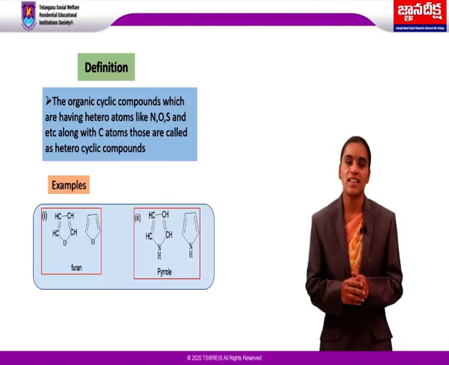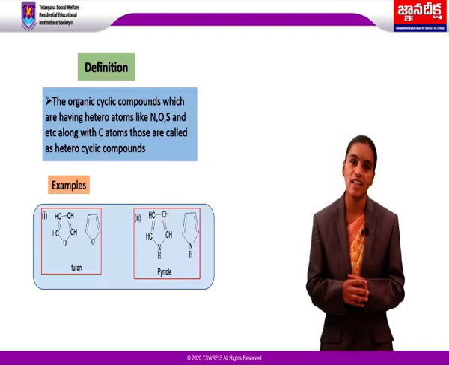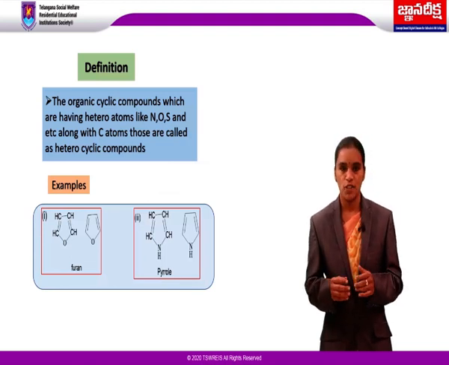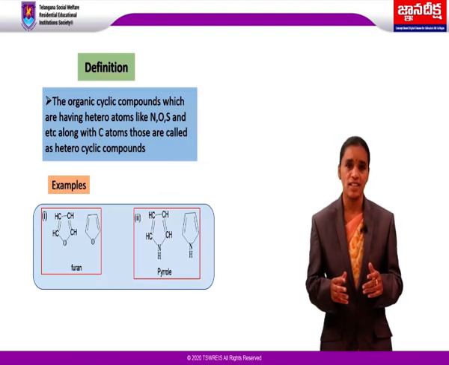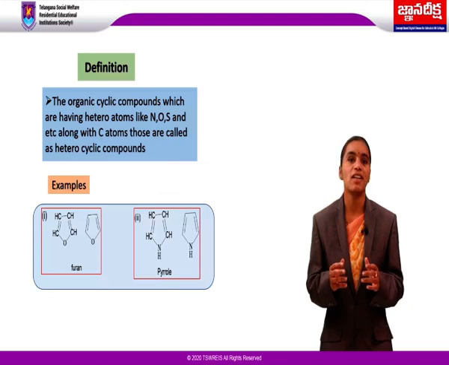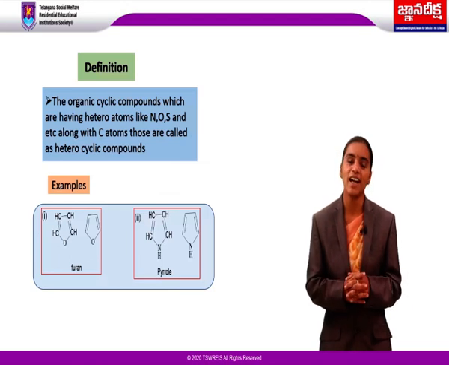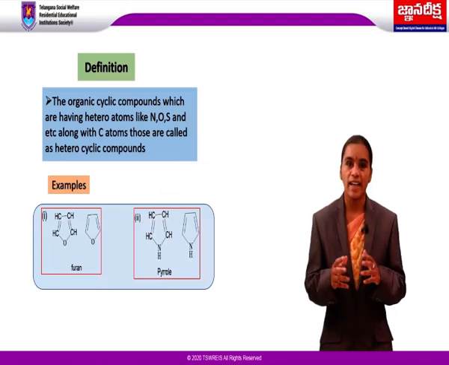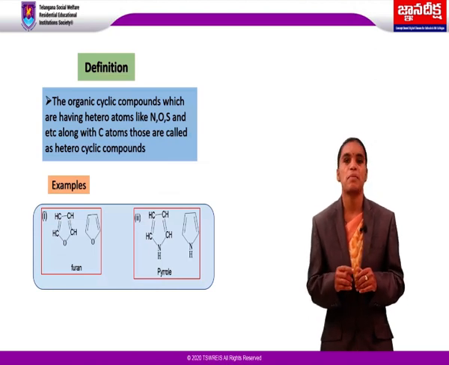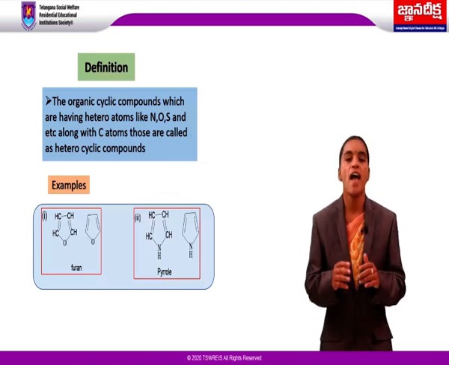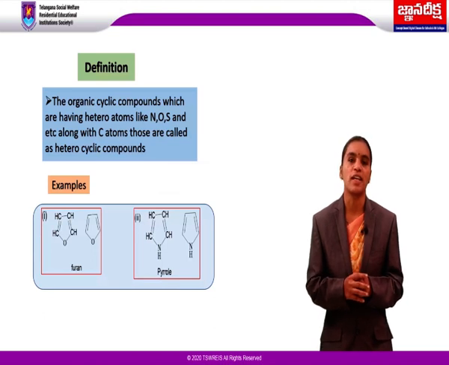So, we can say that these are heterocyclic compounds. Dear students, we discussed that carbon forms a large group of compounds due to the catenation property. Again, around 65% of organic compounds are heterocyclic compounds only.